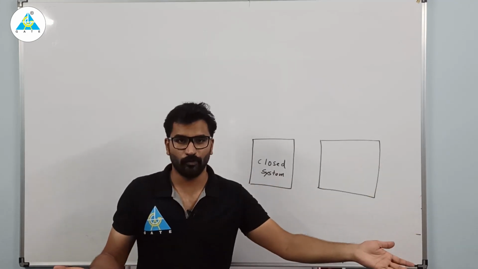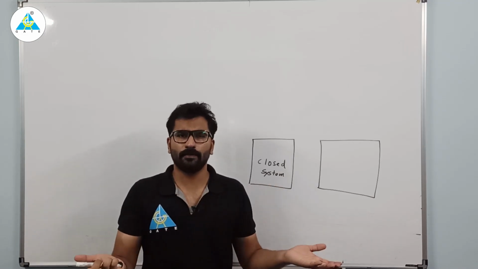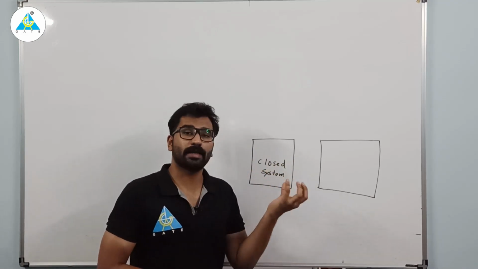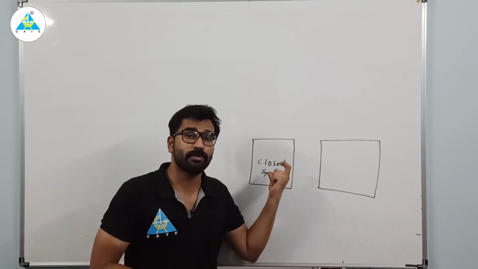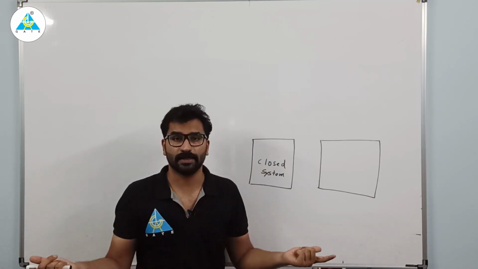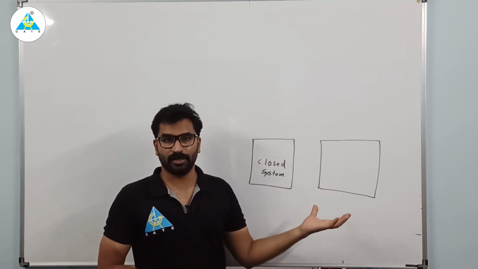The lunch will not go out unless you open it. If you don't open it, there will be no problem, it will remain a closed system. But the heat associated with the lunch will go out, so there will be an energy interaction.